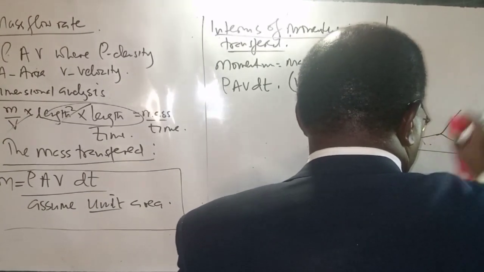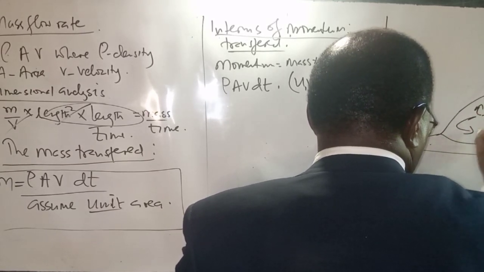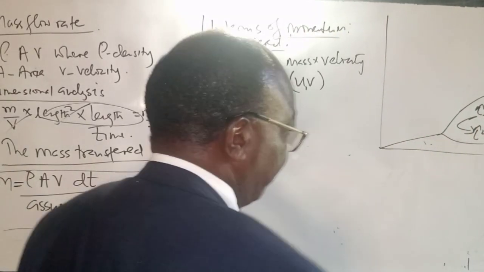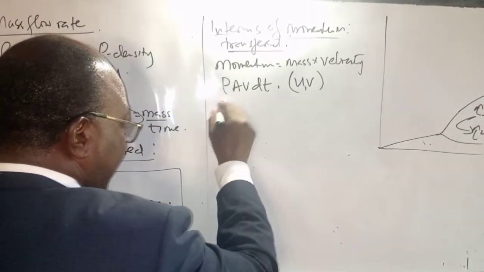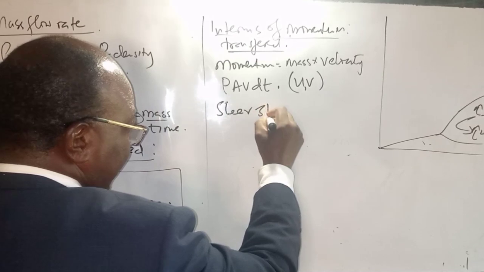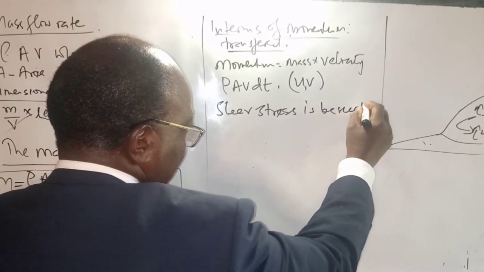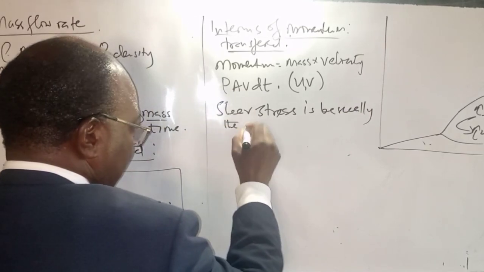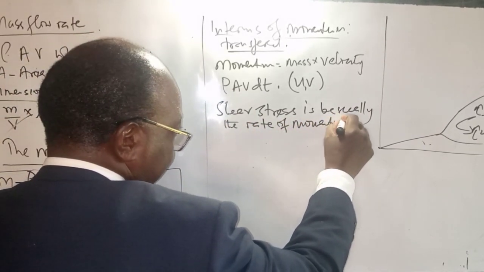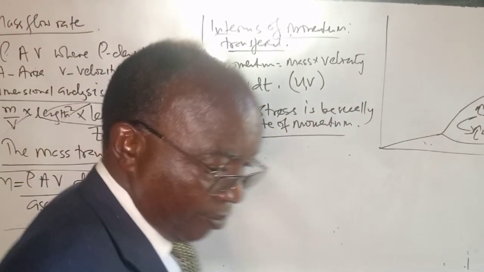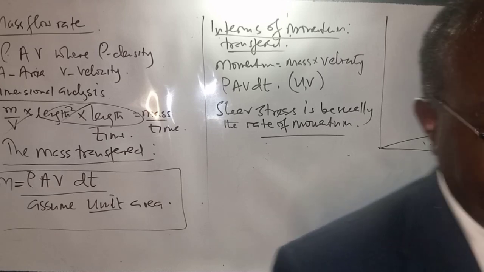It's not the best, but we said the shear force is there. Shear stress is basically the rate of momentum, or momentum rate. And so that is how momentum varies with time.